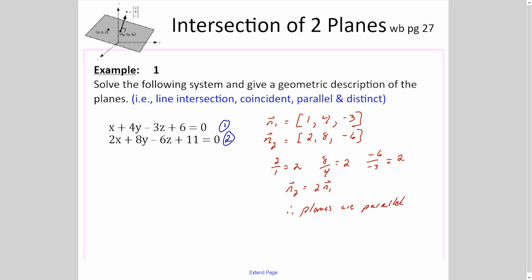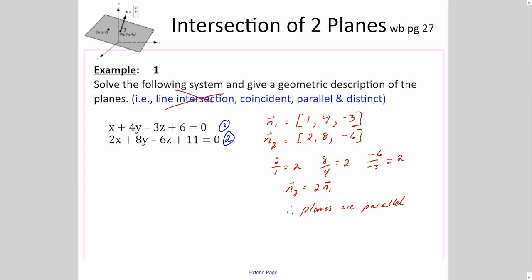So now I want to go through the process and see whether they're coincident or if they're parallel and distinct. I know right from this information that they will not intersect. It will not be a line of intersection. So I'm going to look at my two equations, and I'm going to take my first equation and multiply it by this 2 value that I have over here.